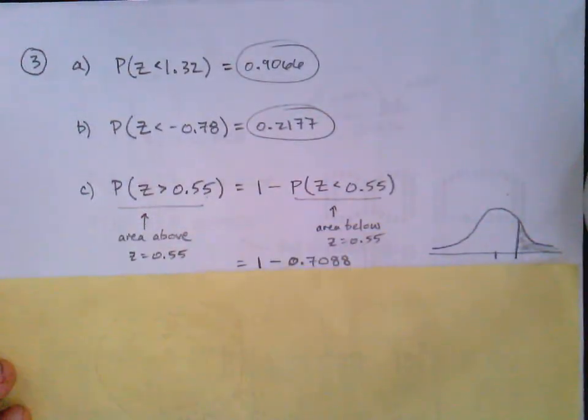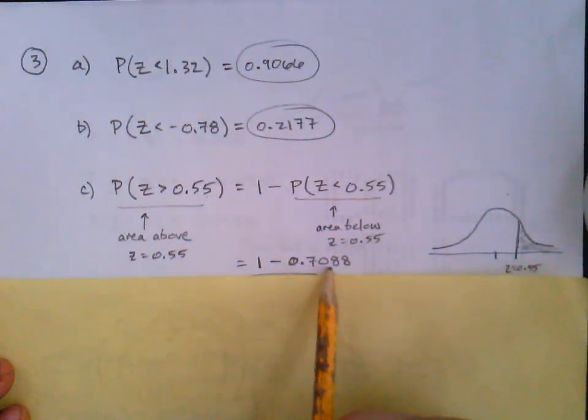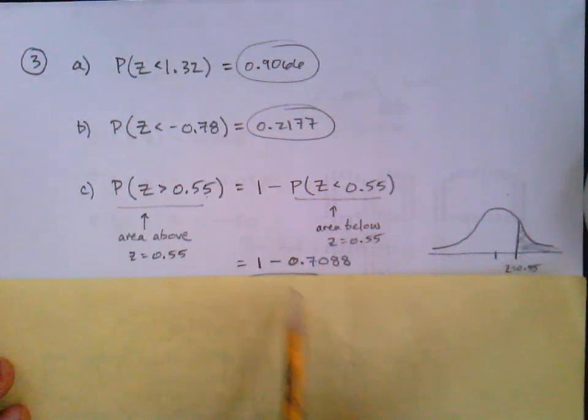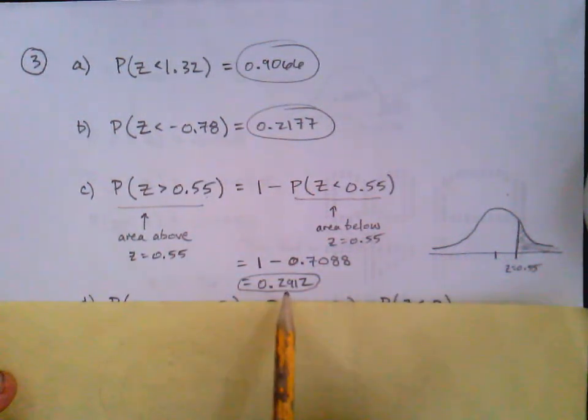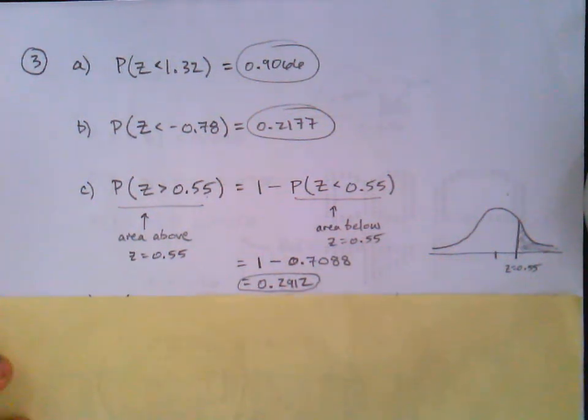And so I need 1 minus 0.7088 for my complement. And if I do that, I barely squeezed it in down here, 0.2912 would be the answer here.